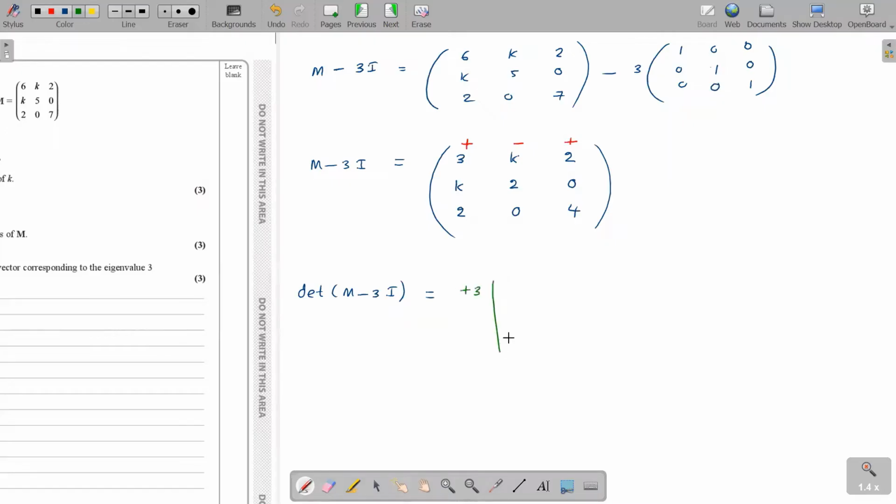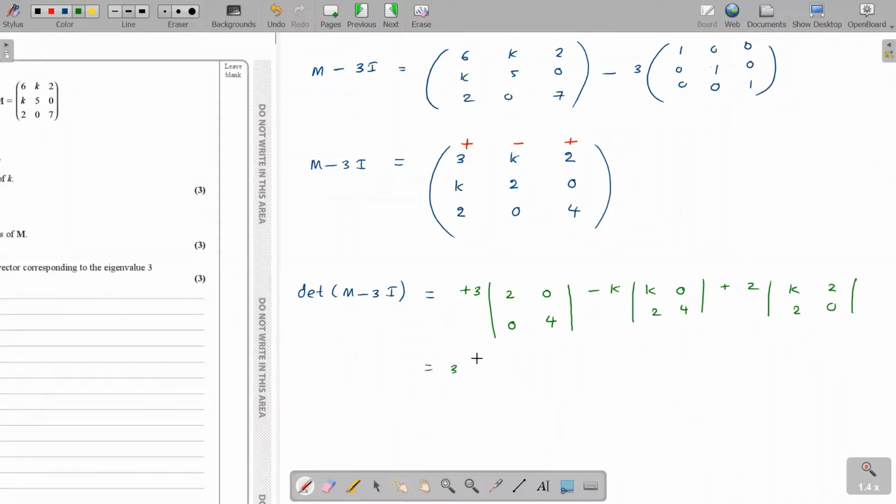So plus 3 times, when you input the matrix, 2, 0, 0, 4. Minus k, when you remove the row and column, 0, 4. Next one plus 2, remove the row and column, it's k, 2, 2, 0.